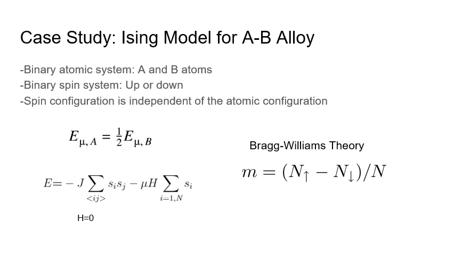The energy barrier of B is twice larger than the barrier of A. We use the Lennard-Jones potential to calculate the system energy and the Ising model equation to calculate the spin energy. We use the Bragg-Williams theory to calculate the average spin, which is the difference of plus and minus divided by the total.